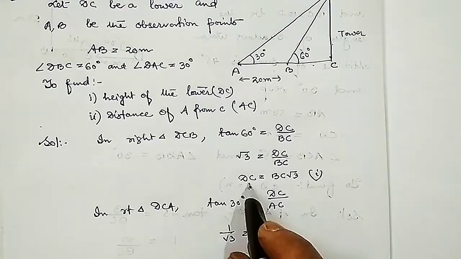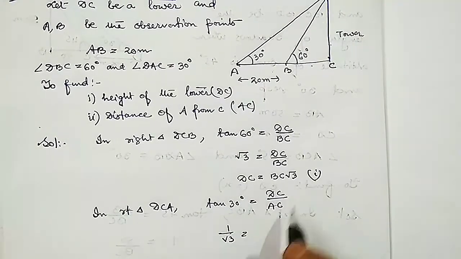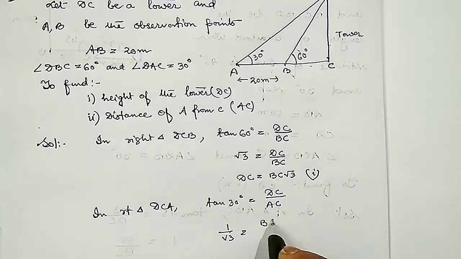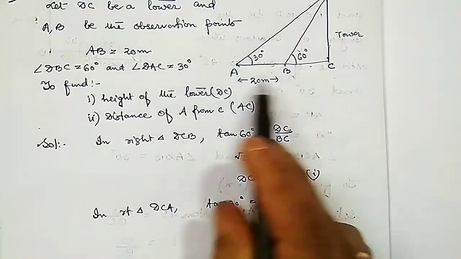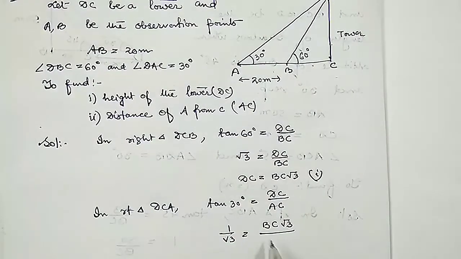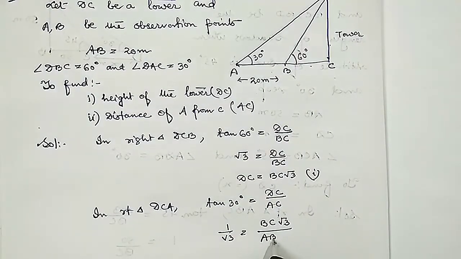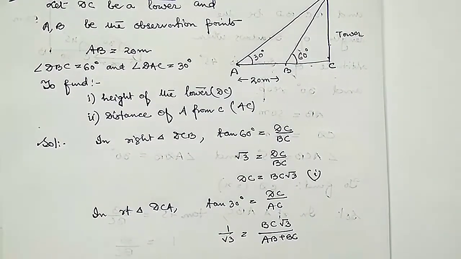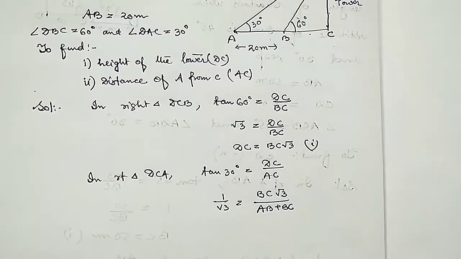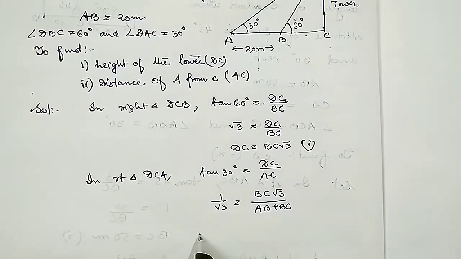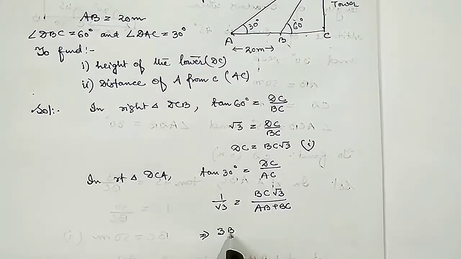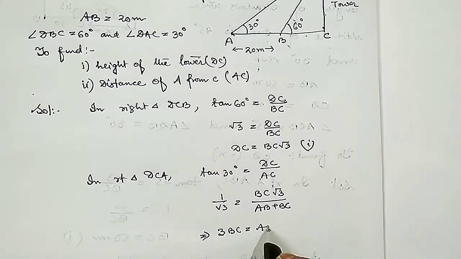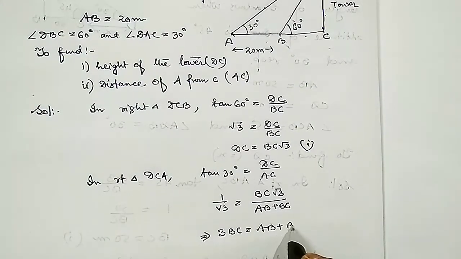DC we don't know, but already we have calculated DC is BC √3, so we write BC √3, and instead of AC I can write AB plus BC. Clear? Now if I cross multiply, BC √3 into √3 will be 3BC. So 3BC equals AB plus BC.